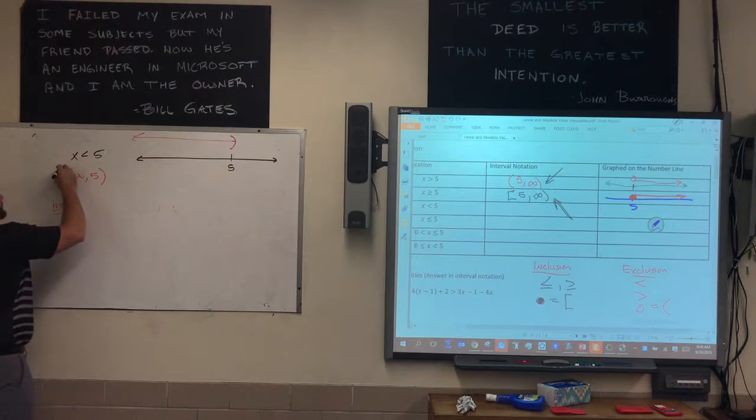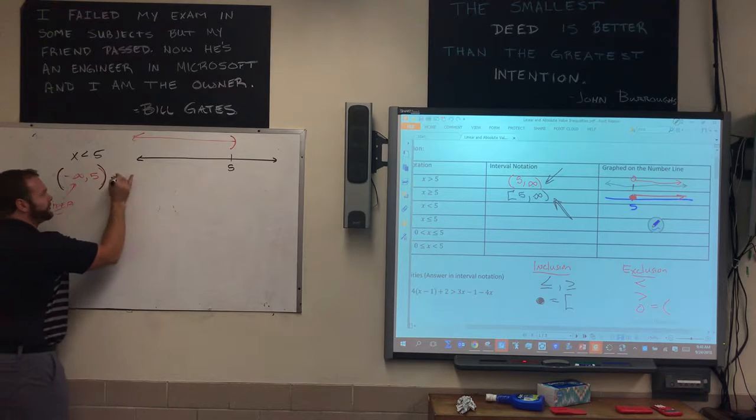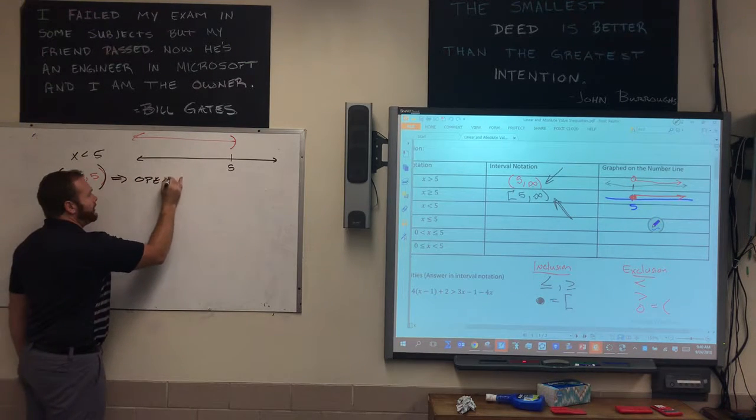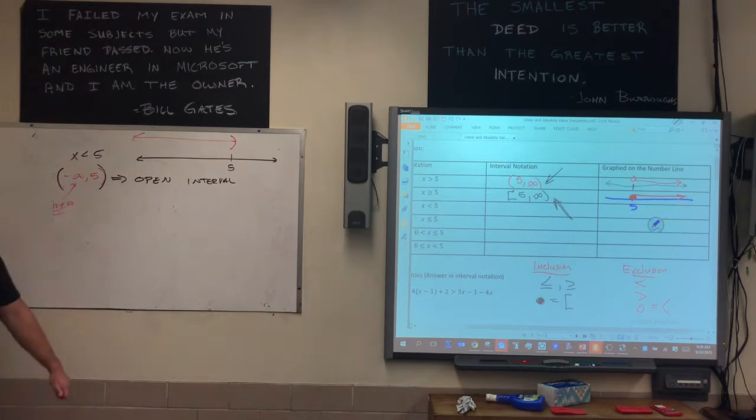When we have double parentheses, we refer to that as an open interval. There will be theorems at some point in the course that provide us some rule or some property of mathematics that maybe only exists on an open interval, where we have maybe some x values, and the endpoints don't satisfy that condition or that rule, but everything between those endpoints would.